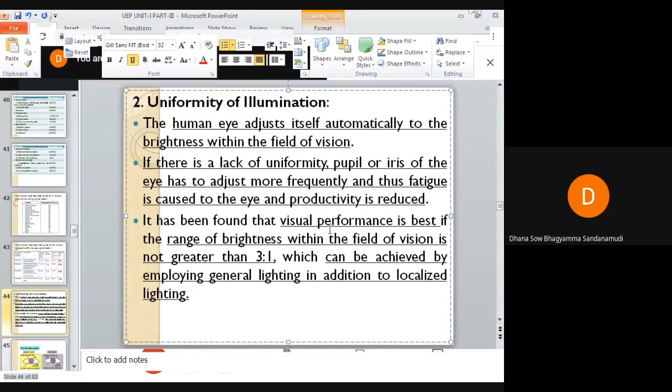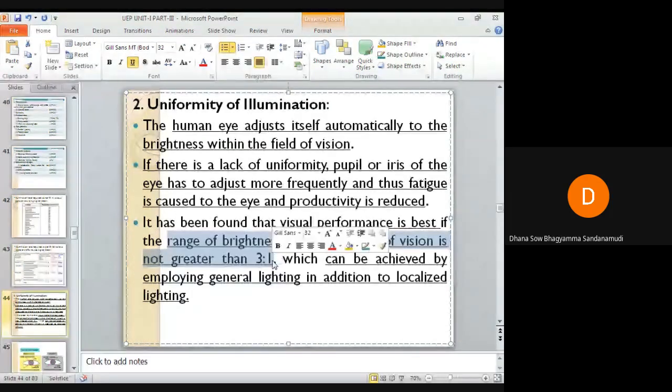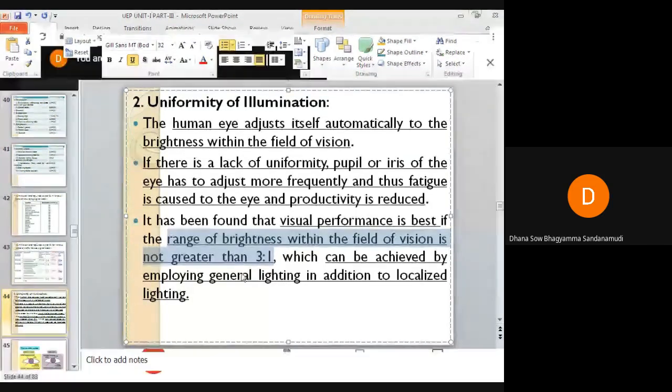So it is observed that the visual performance is best if the range of brightness within the field of vision is not greater than 3:1. If the ratio of brightness within the field of vision does not exceed 3:1, then that range is best for our eye.